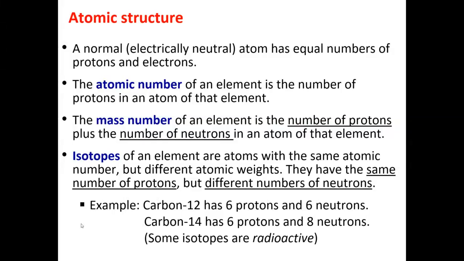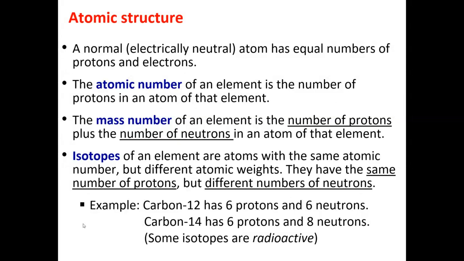That's what determines what element an atom is: how many protons are in the atom, which we call the atomic number. If an atom has any number of protons other than 1, then it's not hydrogen, it's something else. The mass number is the number of protons plus the number of neutrons added together.